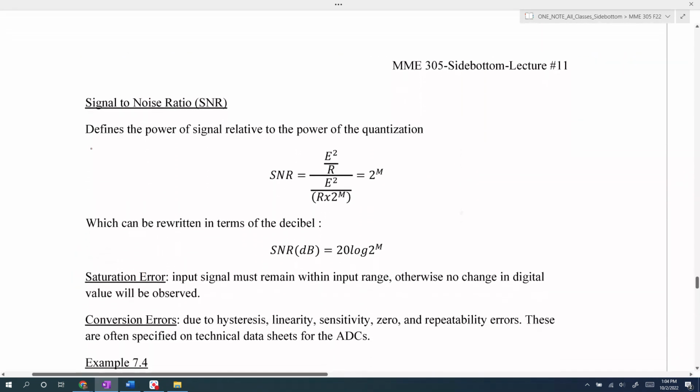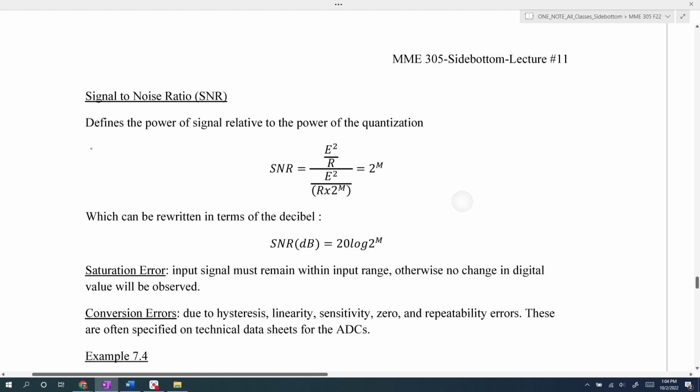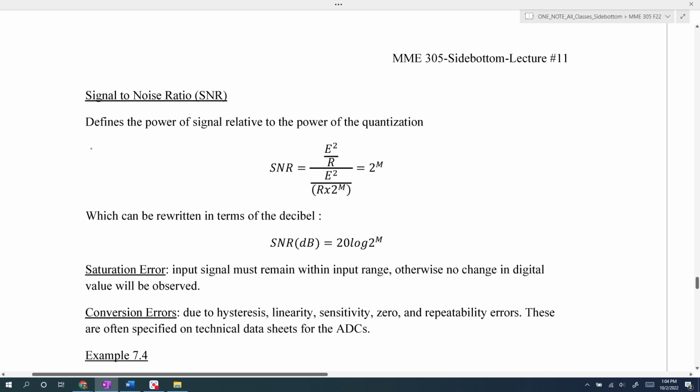In addition, other properties of analog to digital converters include signal to noise ratio, which is equivalent to 2 to the power of the number of bits in our converter. This can also be rewritten in decibels if we take the log of that 2^n value and multiply by 20, which is the conversion from regular units to decibels.